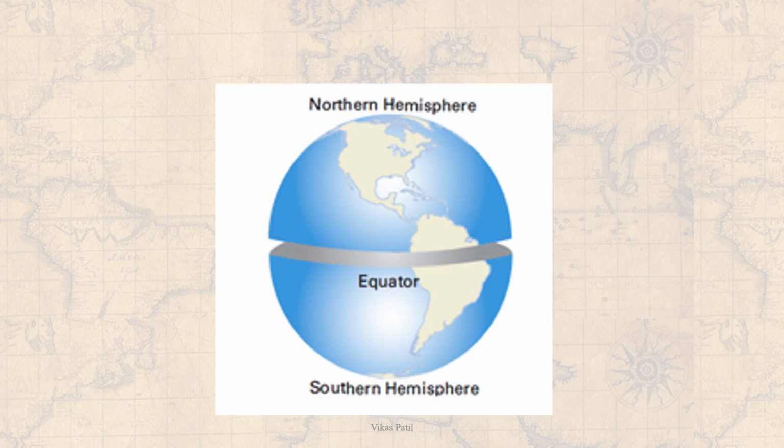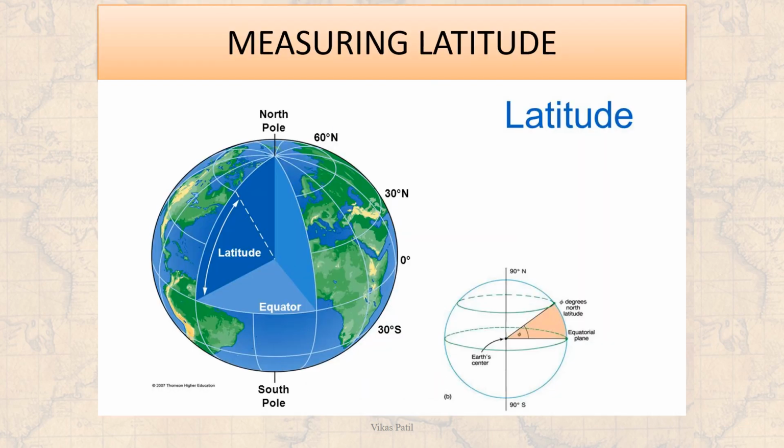Equator divides the Earth into two hemispheres, northern and southern hemisphere. So if we have to draw a latitude, we need to take the center of the Earth, and with reference to equator as 0 degree, we have to measure the angular distance.